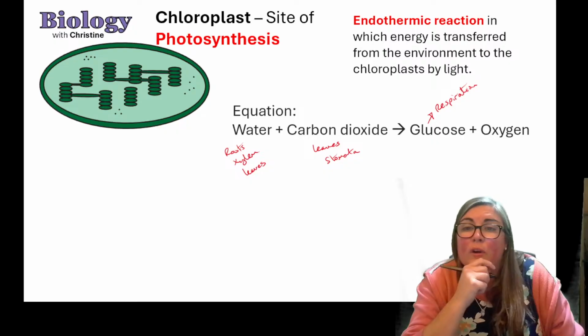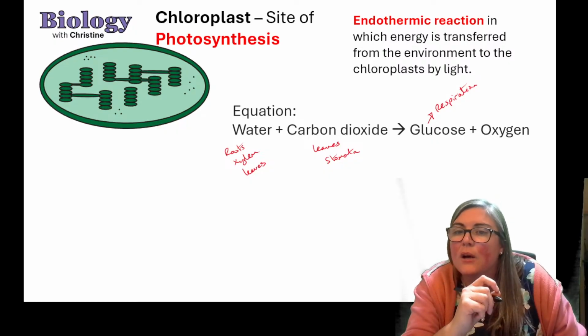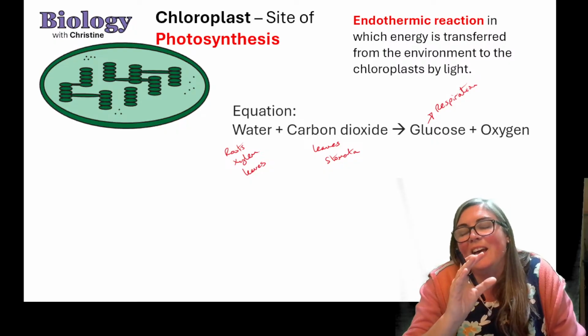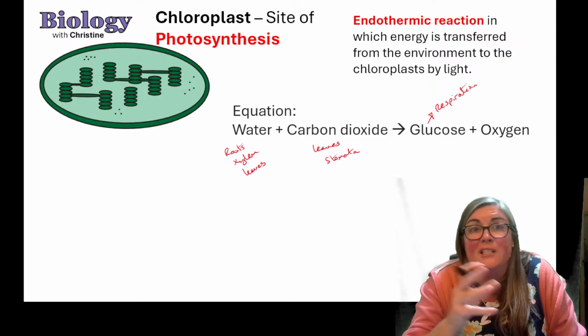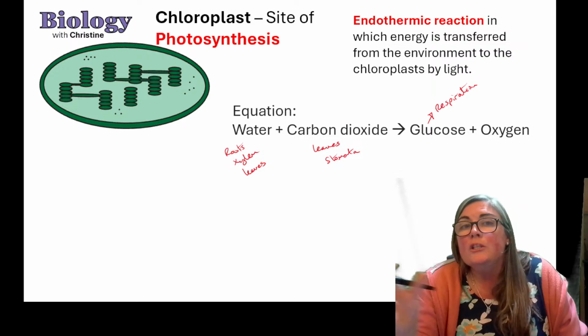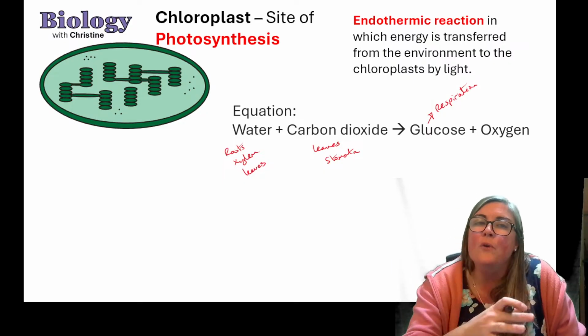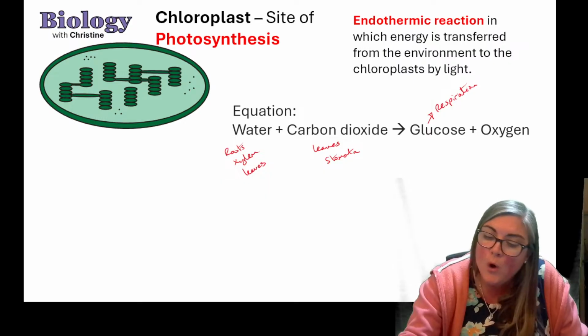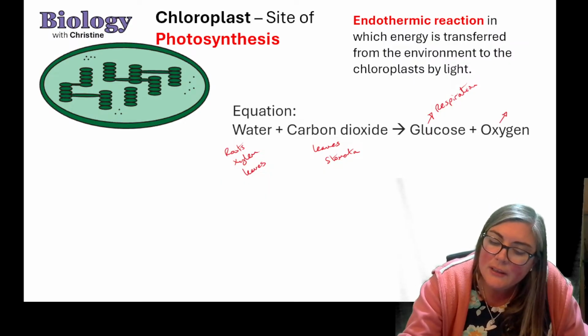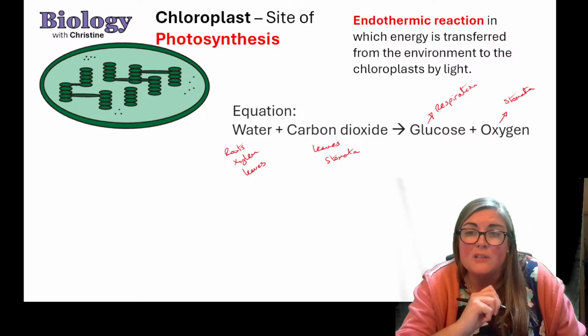Whether that's anaerobic or aerobic is dependent on the presence of oxygen. So oxygen is obviously produced as a waste product for photosynthesis, and oxygen could actually leave through the stomata and go out to the atmosphere.